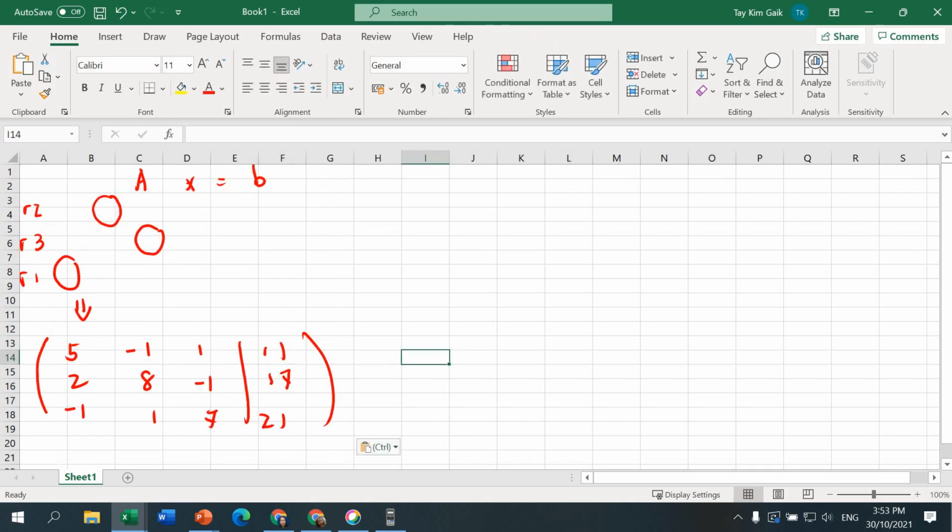So this is 5, negative 1, 1, 11, 2, 8, negative 1, 17, negative 1, 1, 7, 21. After we arrange it so that it is diagonally dominant, now I'm going to solve. This is k, this is x1, this is x2, this is x3.